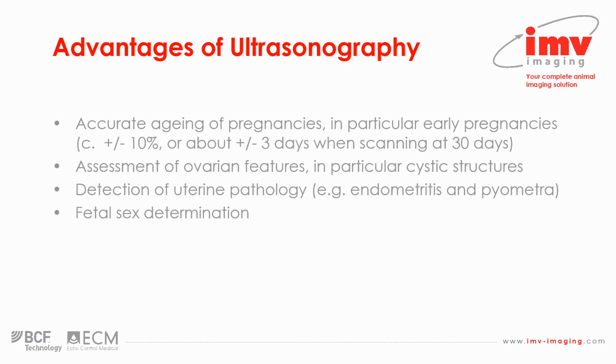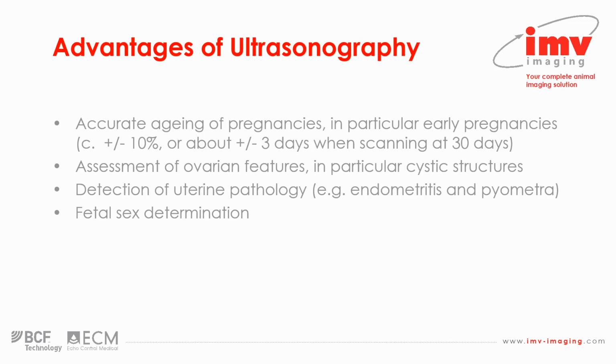Later in gestation it can become less accurate, although with ultrasonography there are ways of improving that accuracy, but certainly in the early stages we can be really quite precise, and obviously where we're tying in with known insemination dates we can then provide farmers with accurate gestational ages.